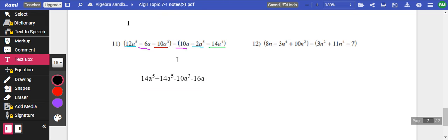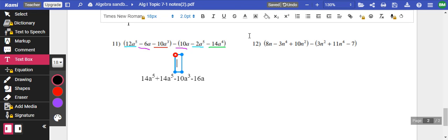We could have done that. And this would be like negative 10a plus 2a to the 5th plus 14a to the 4th might be easier to do. And that's fine as well. Okay.